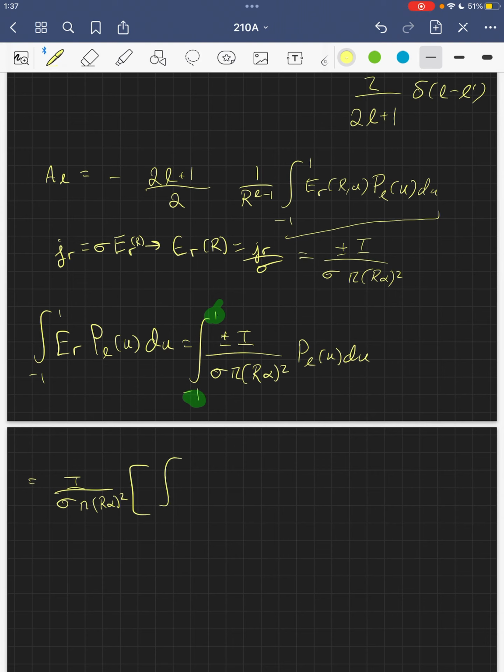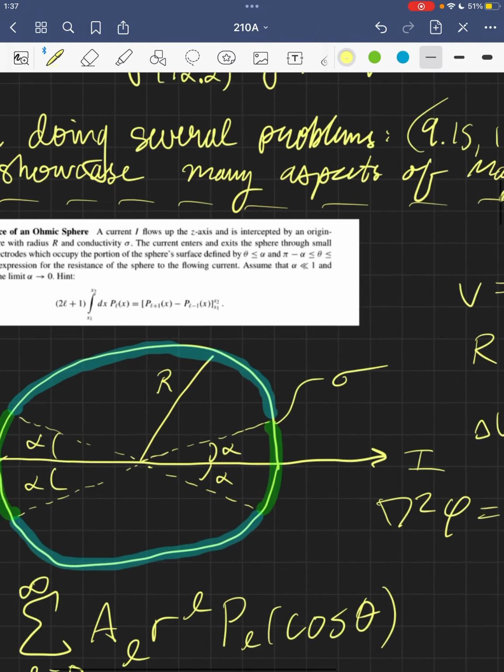One from cosine alpha to 1, and this is going to apply onto PL u du. And minus, so this is where the minus sign from that plus minus comes in, from negative 1 to minus cosine alpha. Again, these bounds are from this right here.